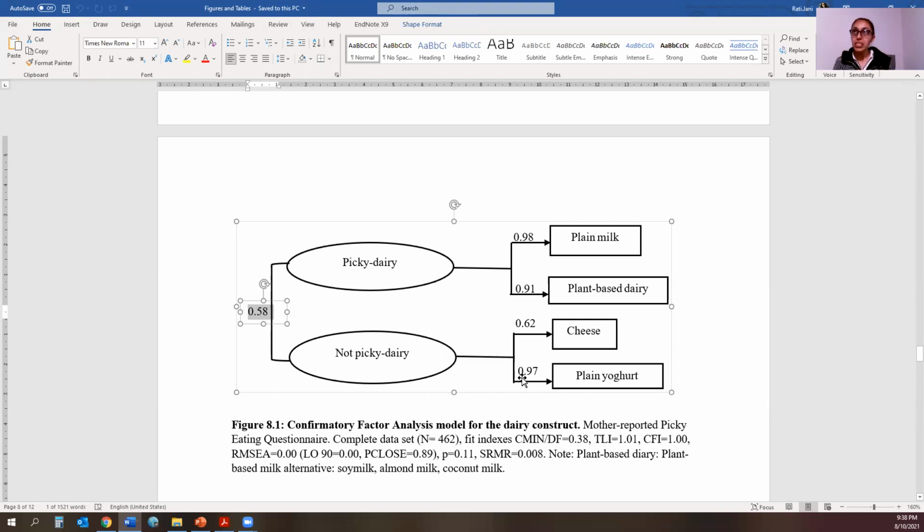So basically, what am I saying? With divergent validity, when I run the statistics on this diagram in AMOS, which is the software, it gives me certain numbers. These numbers help me to confirm that I have good divergent validity.